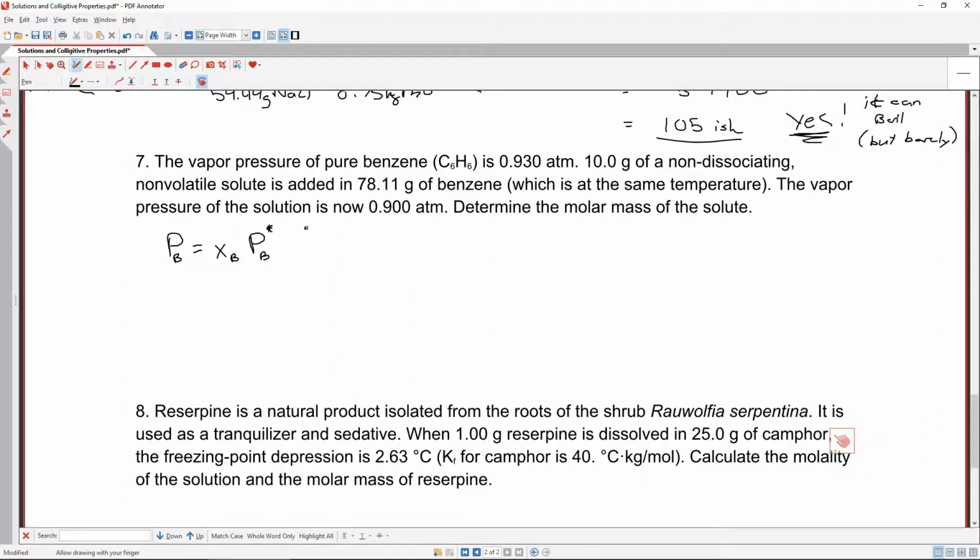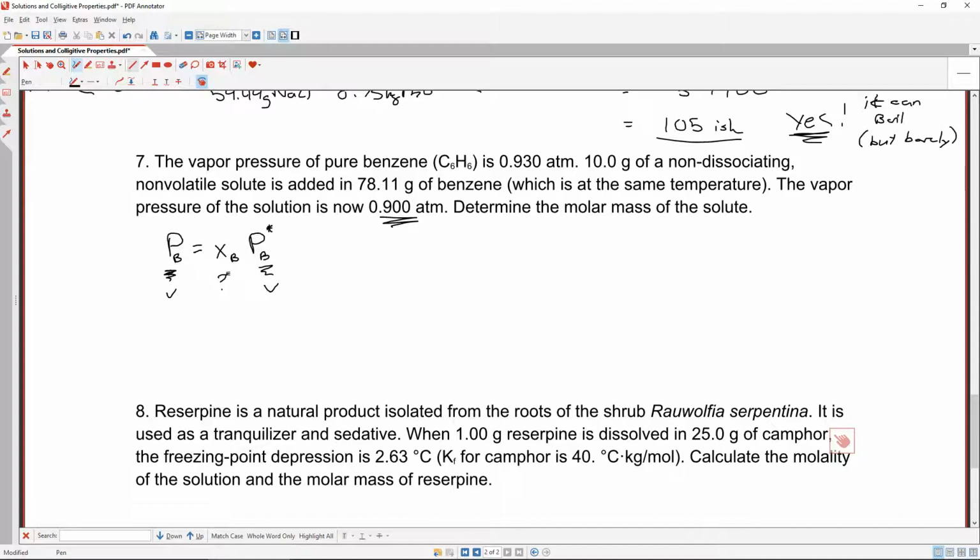Okay, so the question is, we have the new vapor pressure, right? This is the new vapor pressure after the stuff has been added. Actually, I'm going to keep this as variables because I'm smart, right? We have this. We don't know what that is, but we can expand it. We want to determine the molar mass, and we have a bunch of gram stuff.